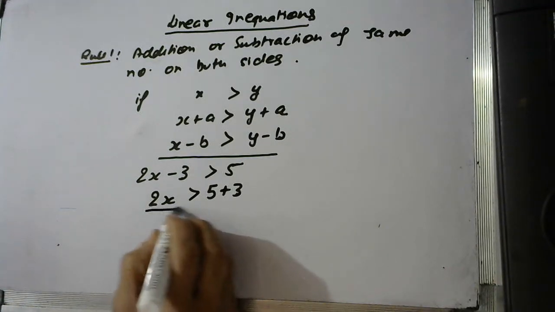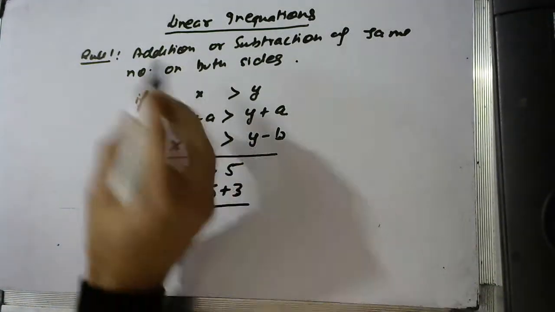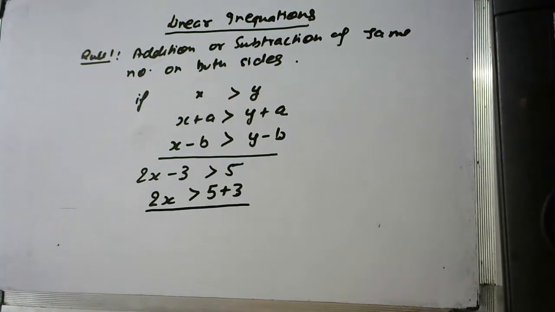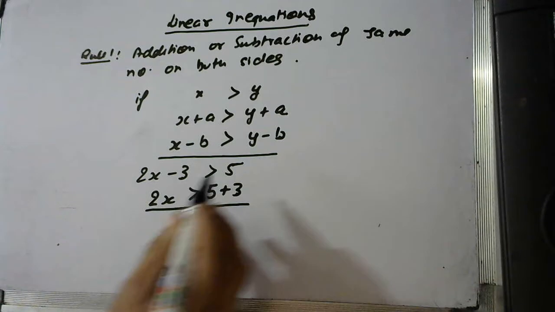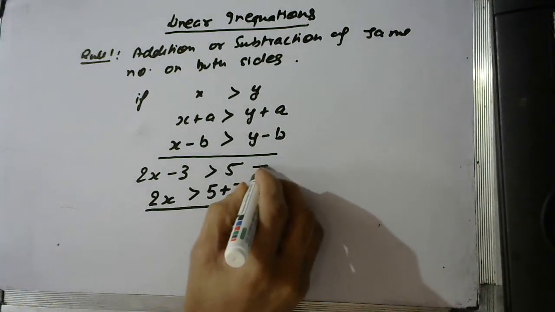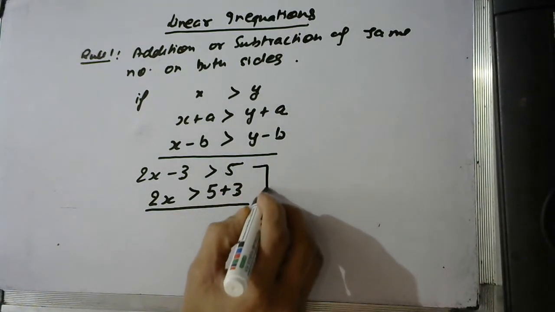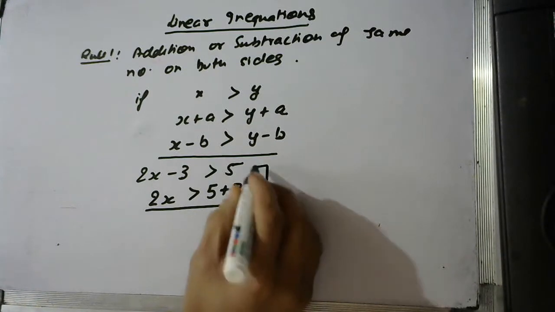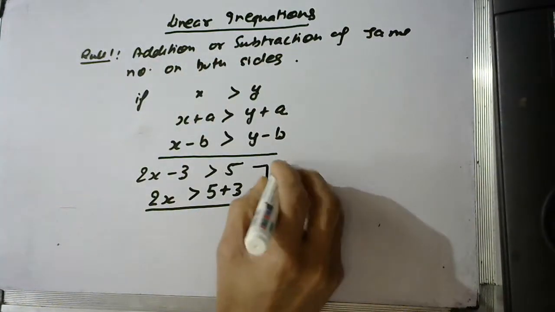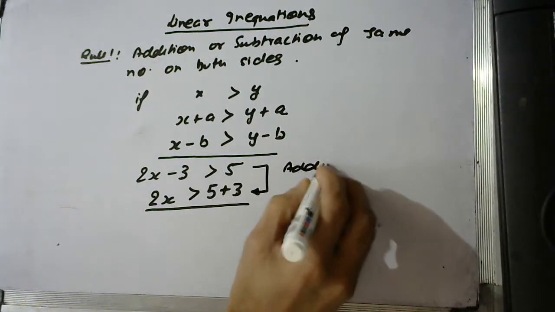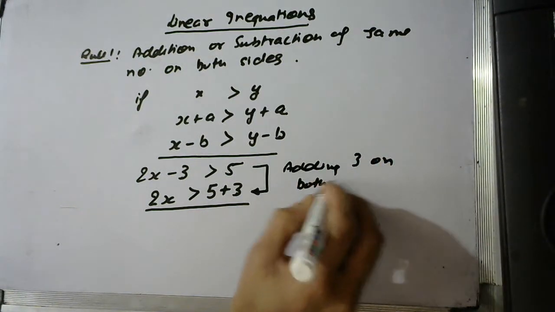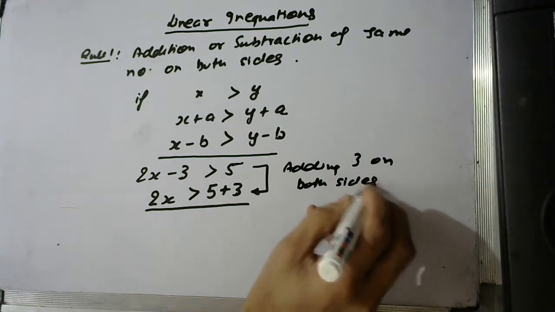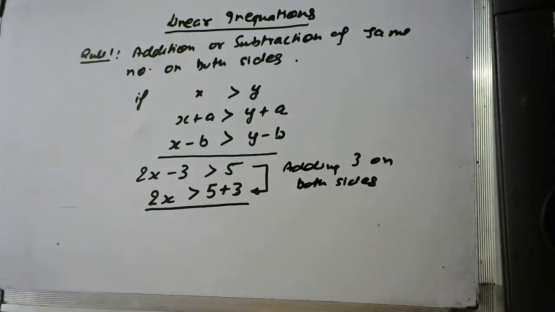So this rule of adding or subtracting the same number on both sides gives us this result. Going from this step to this, according to this rule we are adding 3 on both sides. So this is the logic behind the principle of transposition.